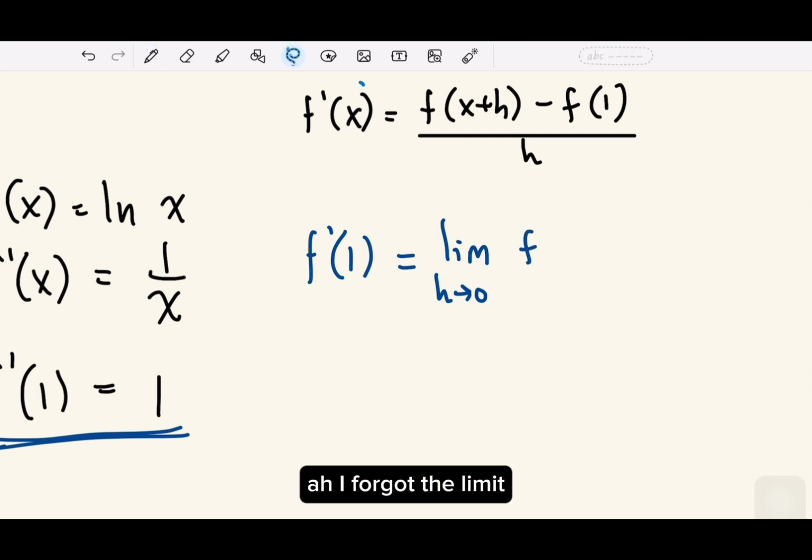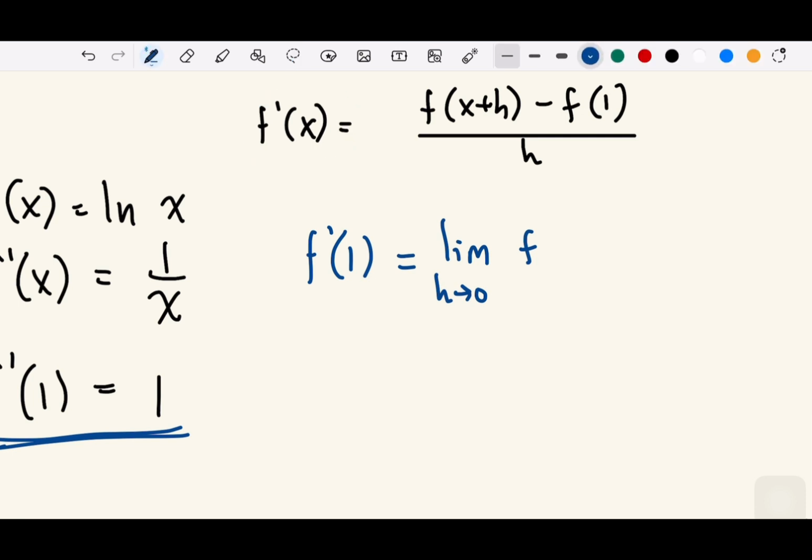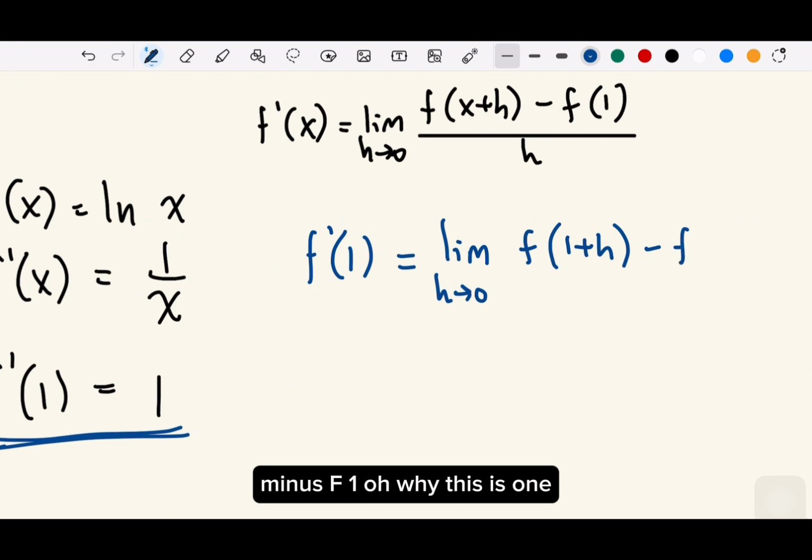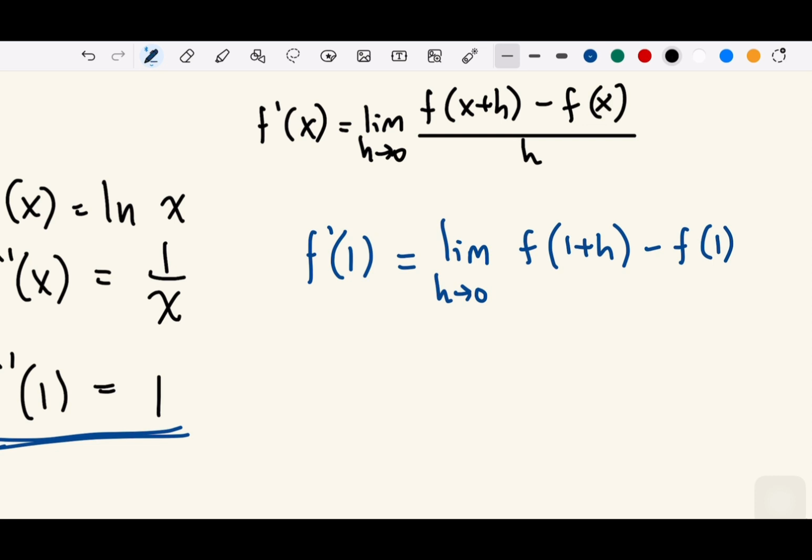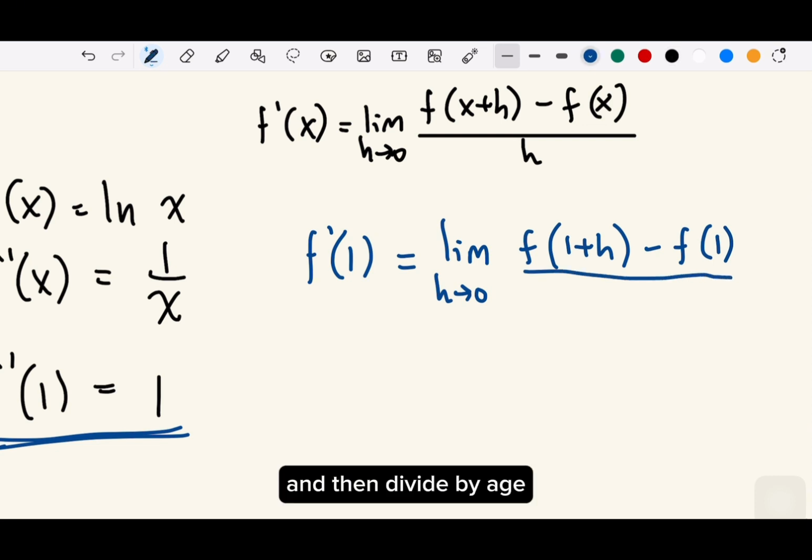I forgot the limit. So limit of f(1 plus h) minus f(1). Oh, why this is 1? This is x. Sorry. And then divide by h.